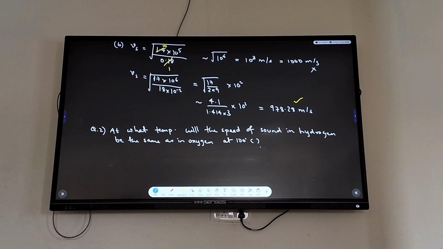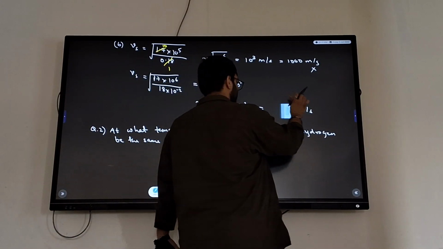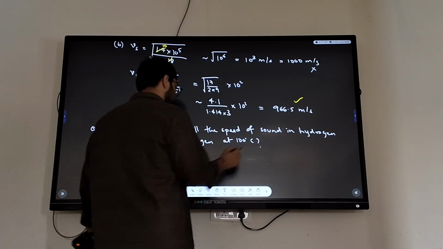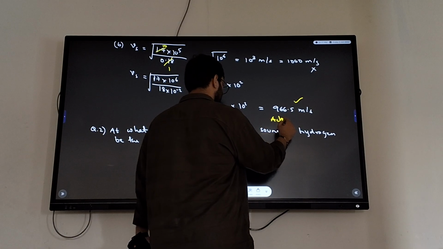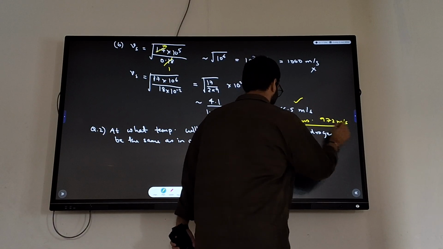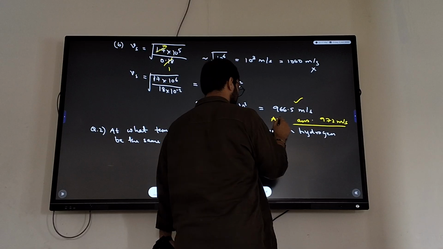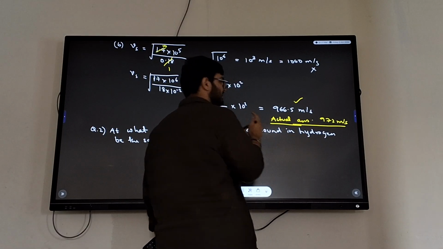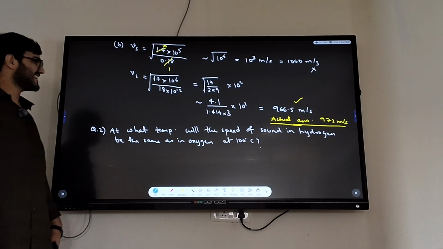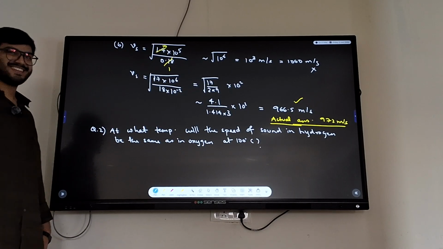Hey, this is not 978. This is something like 966.5 to be more precise. And the actual answer is 972. Actual answer for part A. 314. I got it exact. आंसर लाने का भी एक आर्ट होता है बेटा.